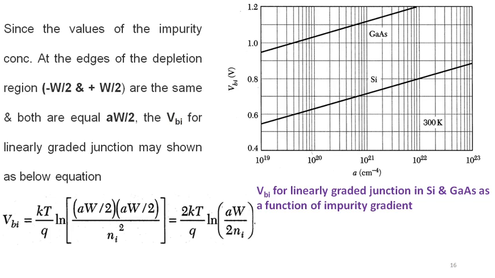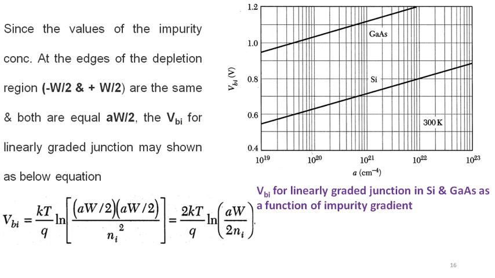VBI is equal to KT ln (A W by 2 times A W by 2) divided by Ni square, where Ni is the intrinsic carrier concentration. Then the built-in potential is twice KT by Q ln (A W by twice Ni) for the linearly graded junction.